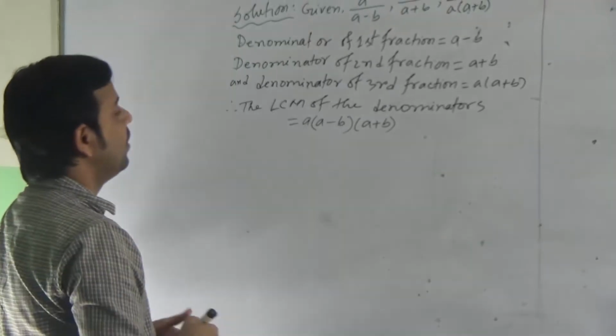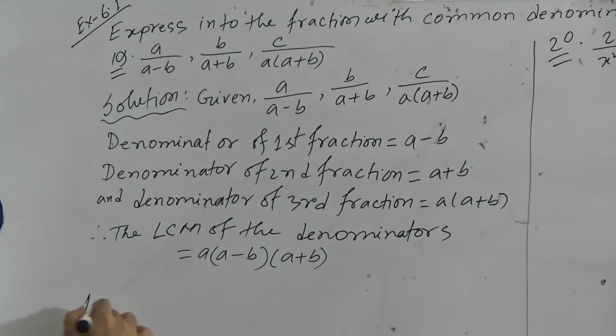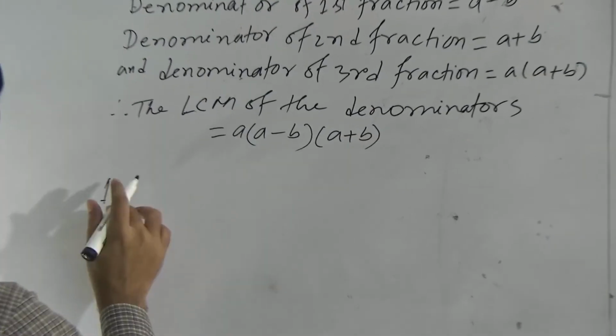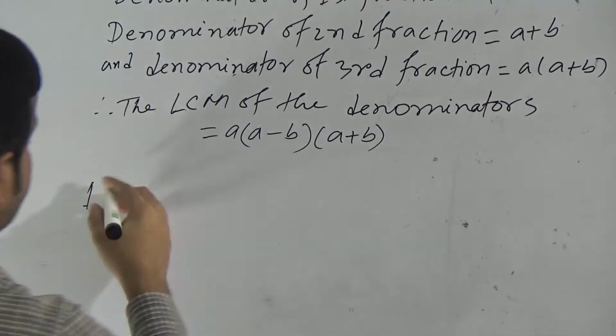So I will not show the division, I will just write the first fraction now. In the last class I have shown the division. In this class I will not show it. You can do the division in rough.